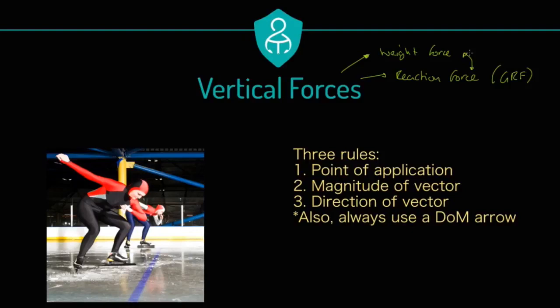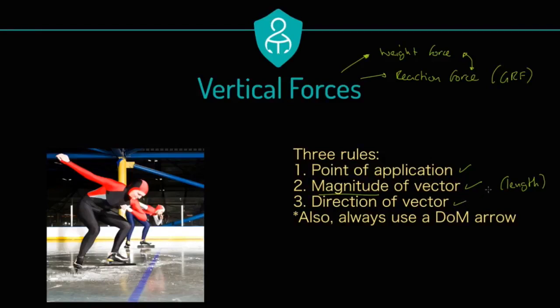Whenever we represent our forces, whether vertical or horizontal, or indeed we may have vector resolution within our drawing as well, we want to make sure and tick these off every time, especially early on when you go through this process: that the point of application of your vector or your arrow is correct, that the magnitude of your vector or your arrow is correct. Now, magnitude of a vector is represented by the length of that vector, more of which in a second. And finally, we want the direction of the vector to be correct.